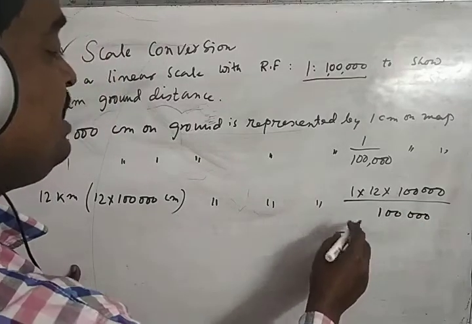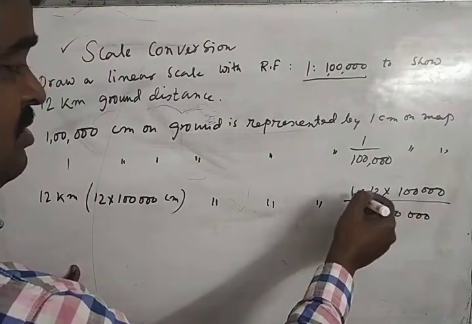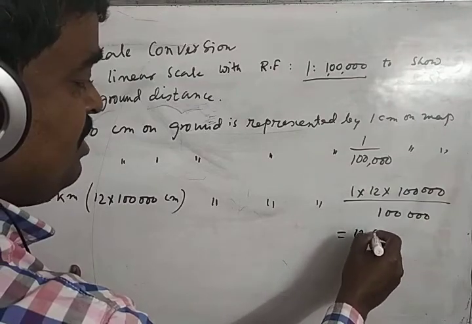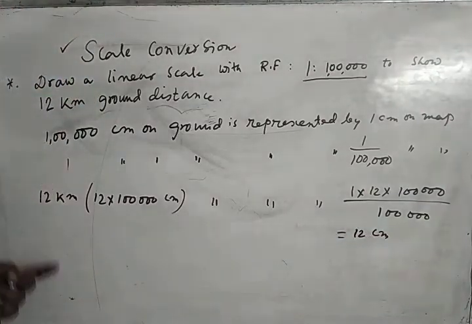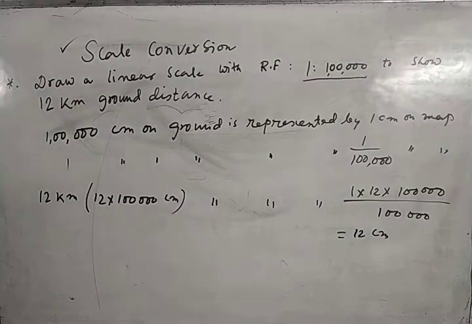So what will that be? 12 centimeters. It is simple: 12 kilometer on ground will be represented by 12 centimeter on map distance.